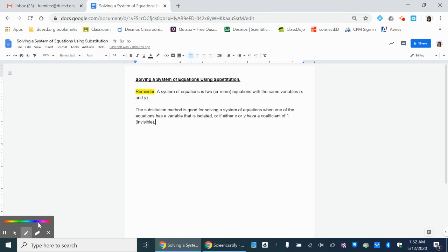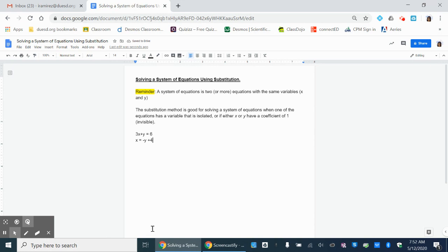So I'm just going to go ahead and write the system, and actually I'll just type it up. This system, the two equations, is going to be 3x plus y equals 6, and then the second equation is going to be x equals negative y plus 4.